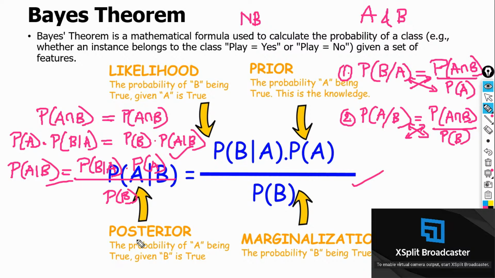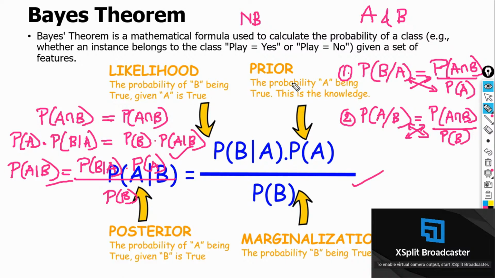And we have technical terminologies given to each and every component, and you are supposed to remember this. The left hand part, P of A given B, is represented as posterior probability. P of B given A is nothing but likelihood.